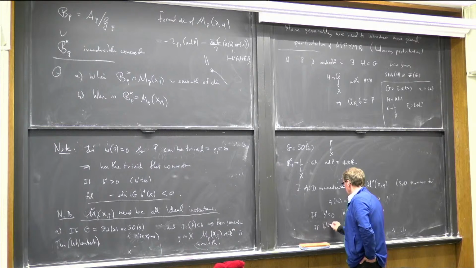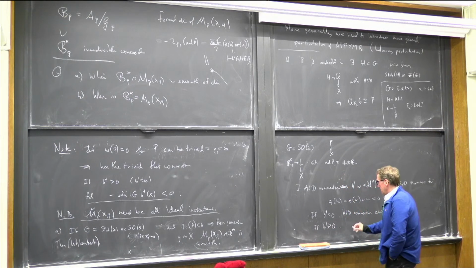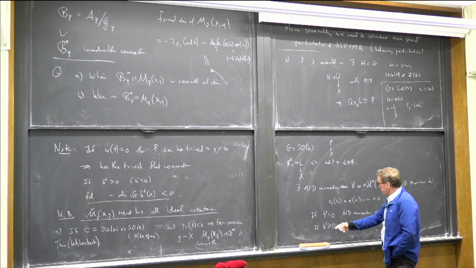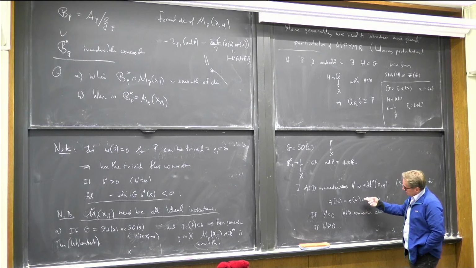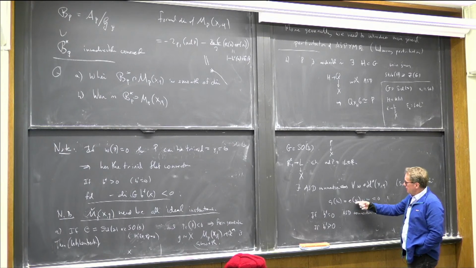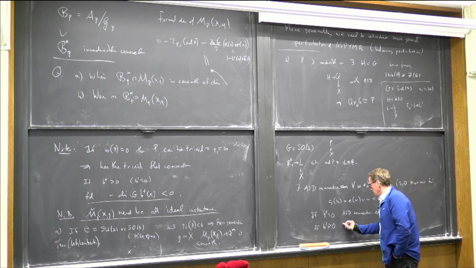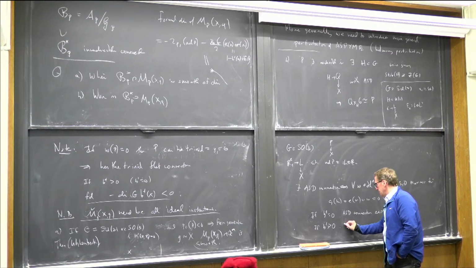If B plus is positive, then we need to prove something, but for a generic metric, no such exists.